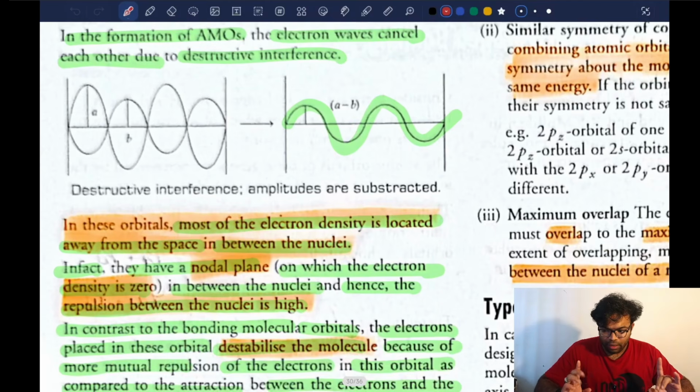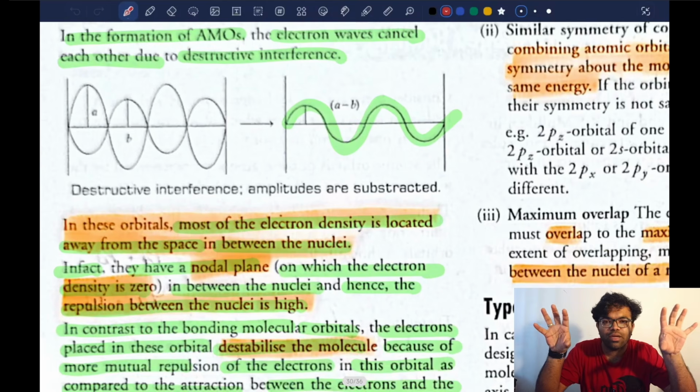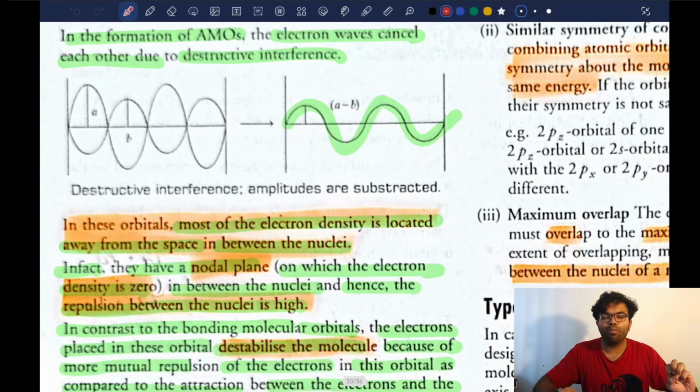So the bonding molecular orbital and the anti-bonding molecular orbital energy summed up together will be equal to the sum of the individual atomic orbitals of both the atoms. I hope till here you have understood.